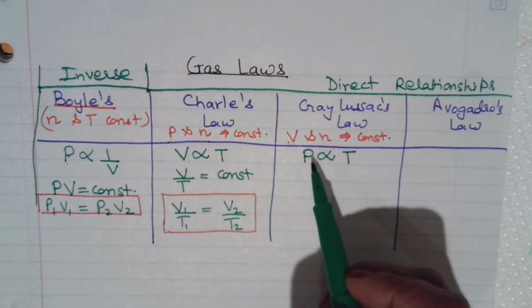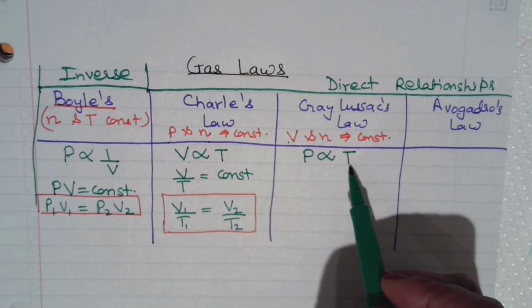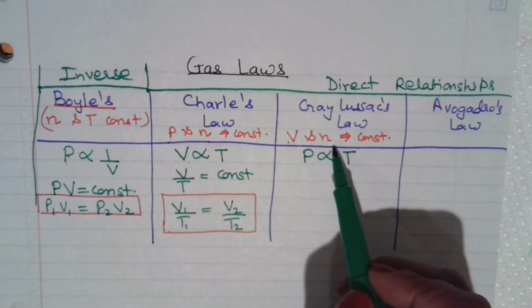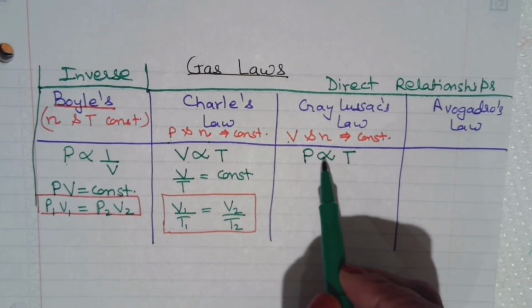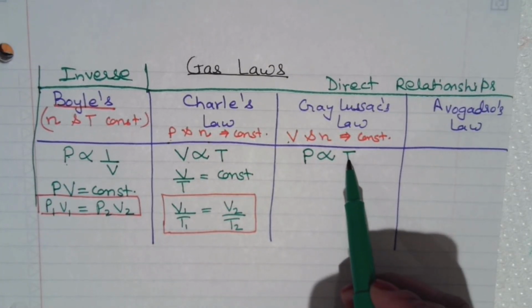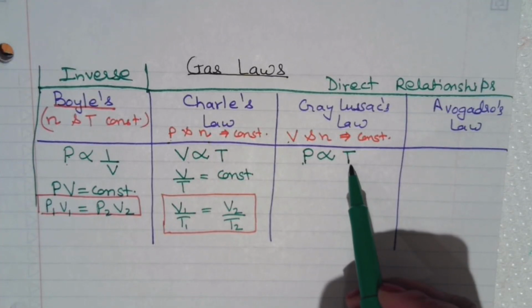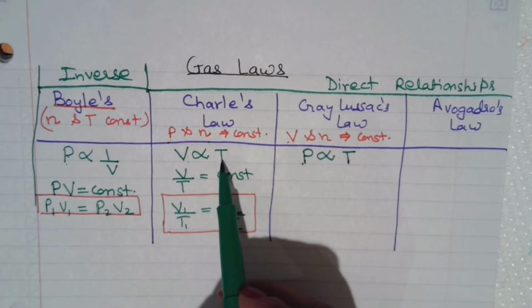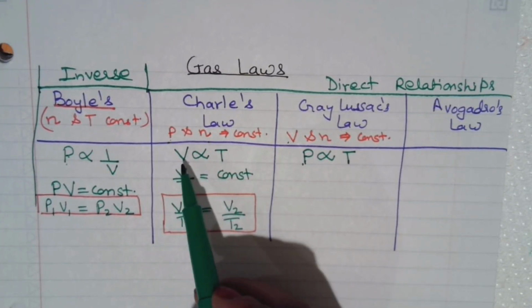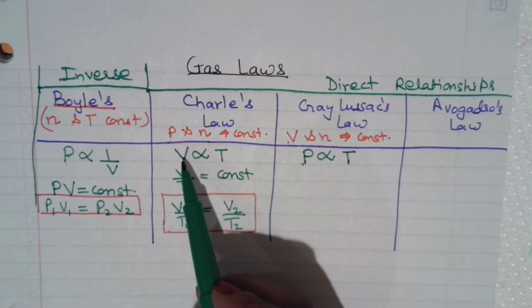So Gay-Lussac's law states that pressure of a gas is directly proportional to its temperature when volume and number of moles are kept constant, right? So direct relationship means if you increase one variable, the other will increase too. So if you increase the temperature of the gas, its pressure will go up. In Charles' law, if you increase the temperature, the gas expands because its volume increases, right? If you decrease the temperature, the volume will decrease.